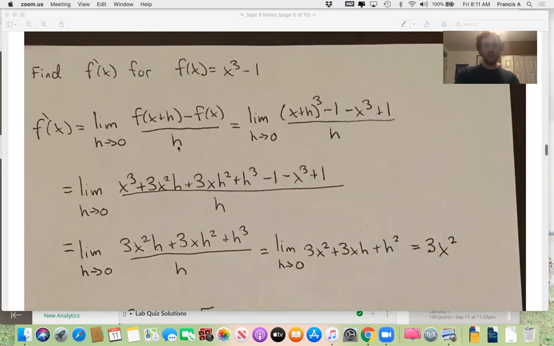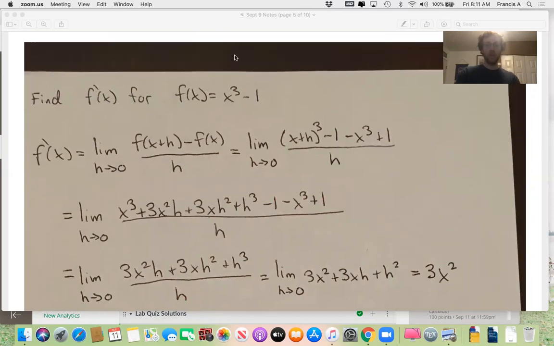But kind of the takeaway here is what this work has actually done for us is that if you start with this function f and you think about its graph, what this 3x squared is doing is saying you input an x into here, and the number you get will be the slope of the tangent line of this f of x at the x that you chose.